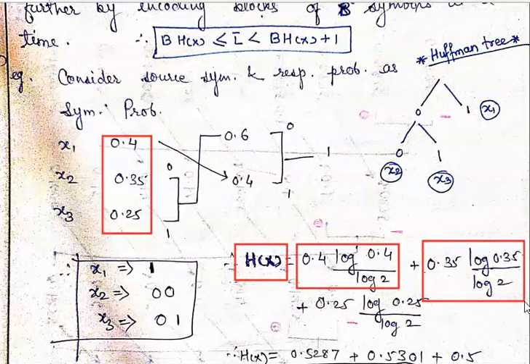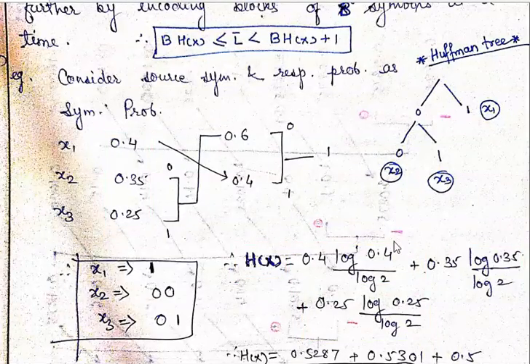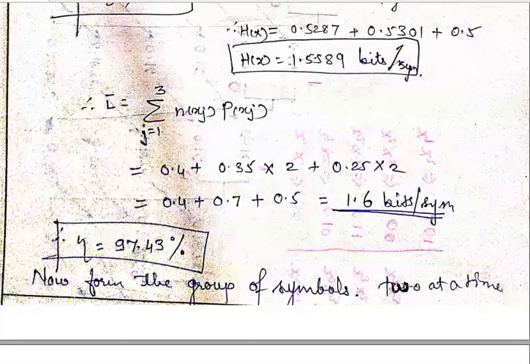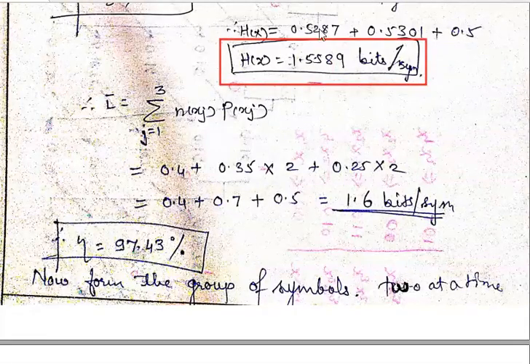Similarly, 0.35 log 0.35 by 2 log 2 is for the second probability. Similarly, for the last one, it will be 0.25 log 0.25 by 2 log 2. After this, you will get the calculation which will guide you for calculating H(X). So check here. This is the H(X) with us. H(X) will be obtained, that is 1.5589.